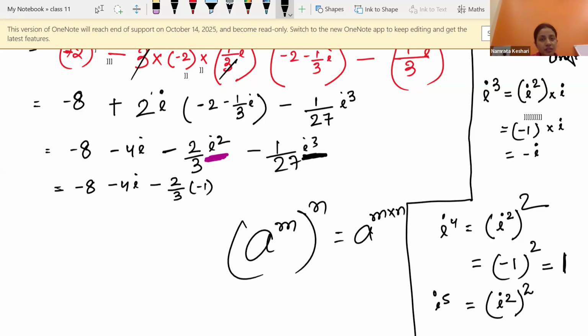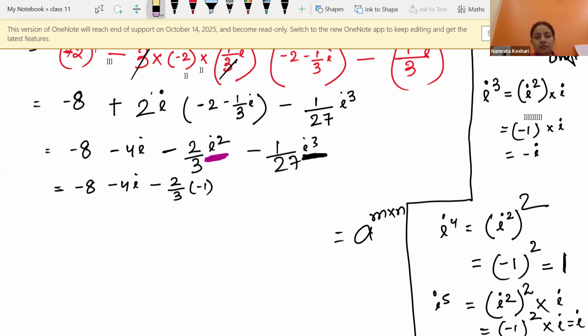We are using the same logic here. We start with i square, then power 2 I have taken. Still power 5 we have not adjusted, so one extra i will be there. Now i square is minus 1, whole square, into i. That means the result will be i to the power 5 is equivalent to just i. Making sense?